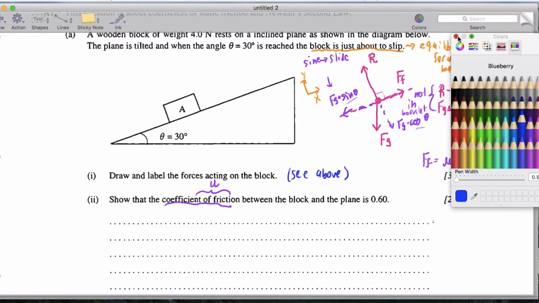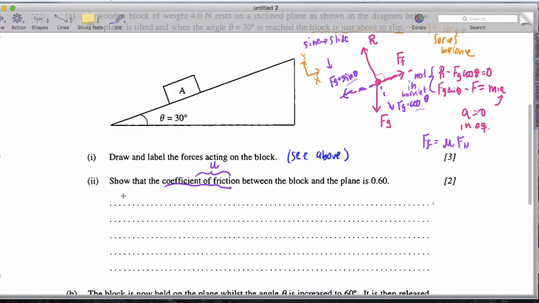So let's go ahead and get the coefficient of friction. So R minus Fg cos theta equals 0. So I'm going to actually get R equal to Fg cosine of theta, where Fg is the weight, m times g.